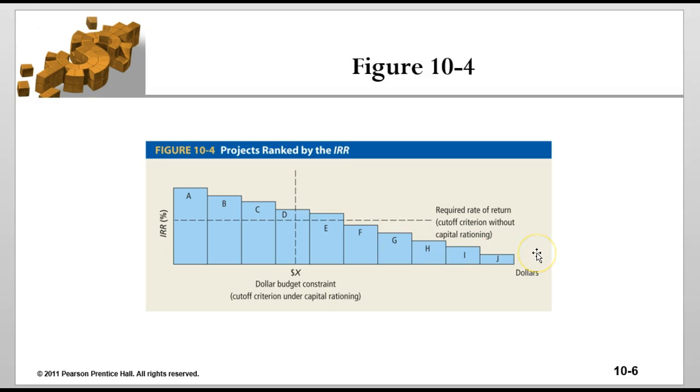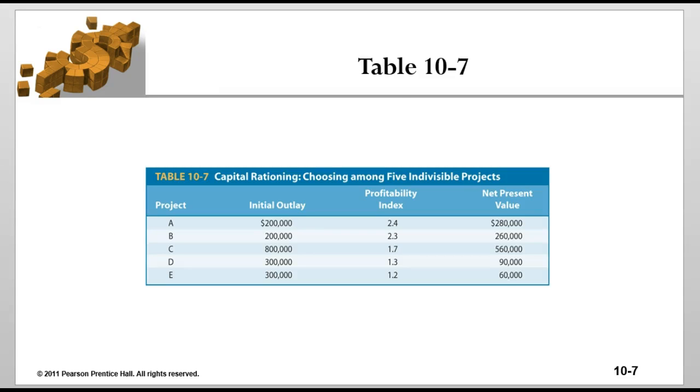These may be good projects, but they don't meet the required rate of return, or this is the limit to how much money we have. We can look at these three. This one doesn't look like it would make it. It might, just depending on other factors in here. So that's one way of ranking it with the IRR.